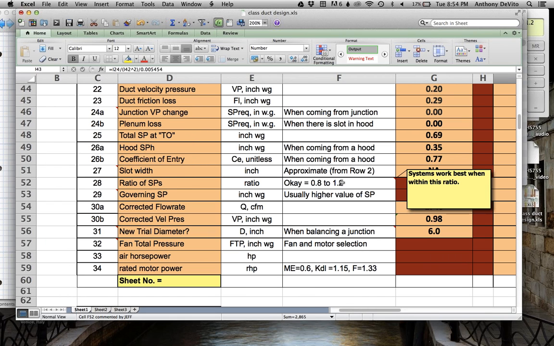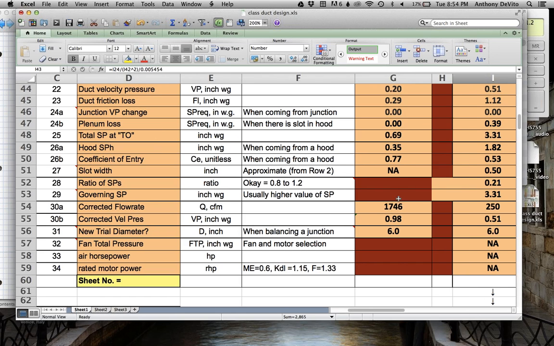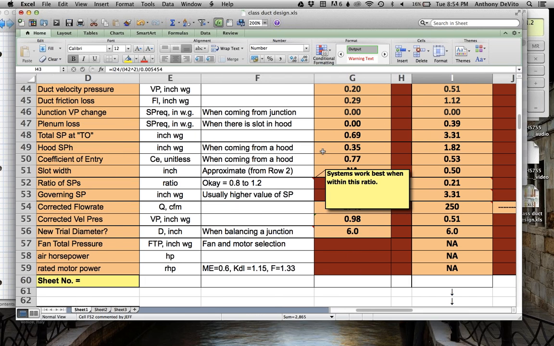The problem is that they've got to be closer than that, right? If you look at the ratio of the static pressures, it's 0.21. It's got to be between 0.8 and 1.2. Because think about it. This is saying that it needs a static pressure of 0.35 to operate properly, coming from the first hood to that junction C. And this one needs almost 2 inches.